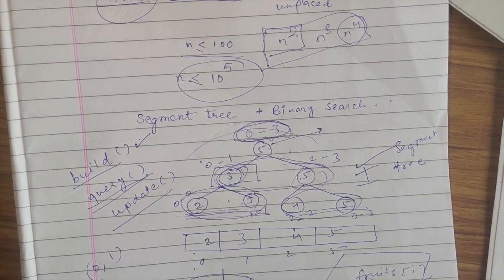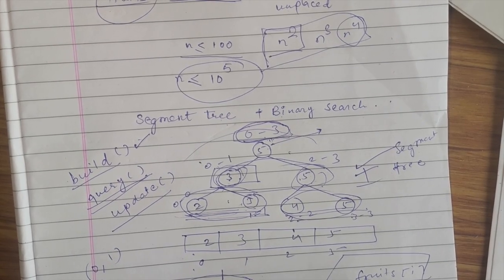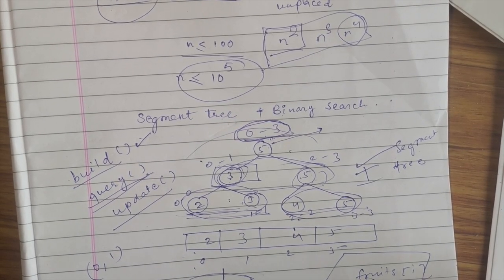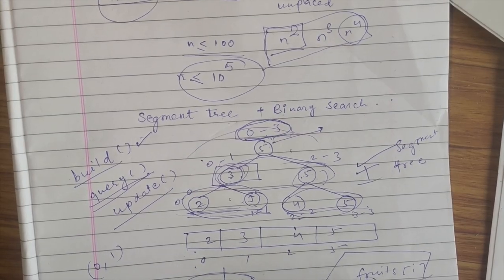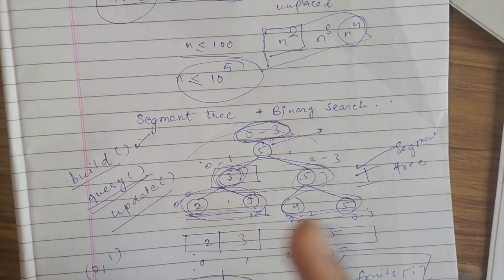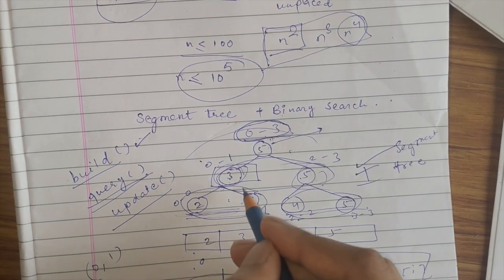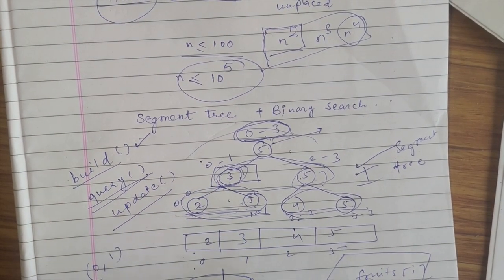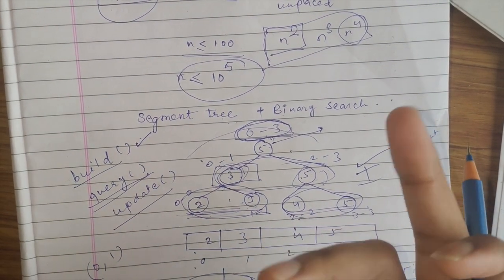But if we find that this is the maximum one and it is greater than the capacity we need to place any fruit, then we'll again move into the subtree of that. If we have 3 and we need a capacity of 2, why would we choose this one?